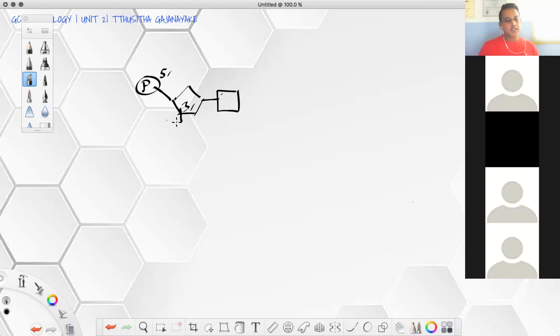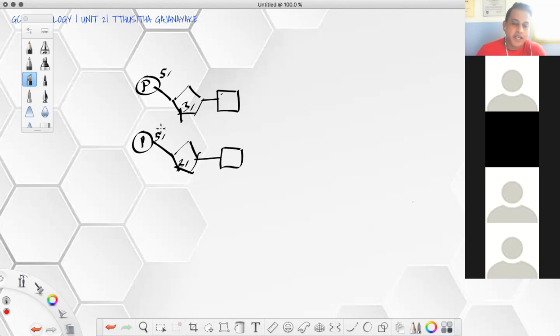So if we take another nucleotide, this nucleotide attaches this way. Now here 5 prime end and here again 3 prime end.